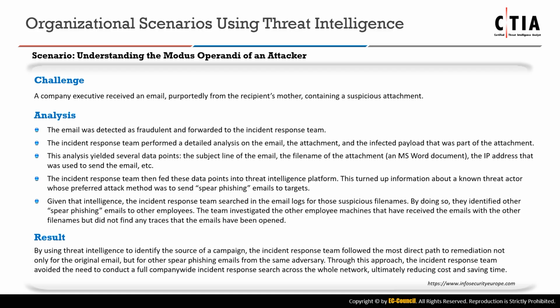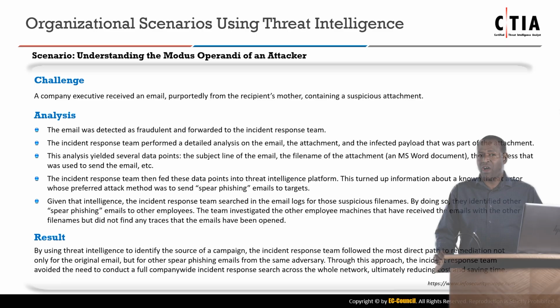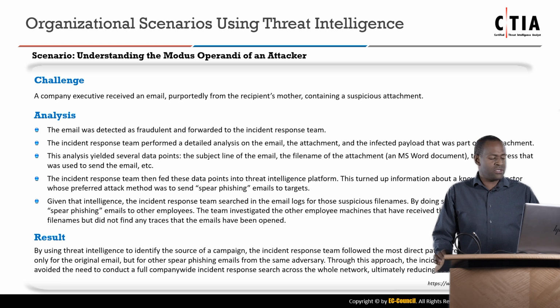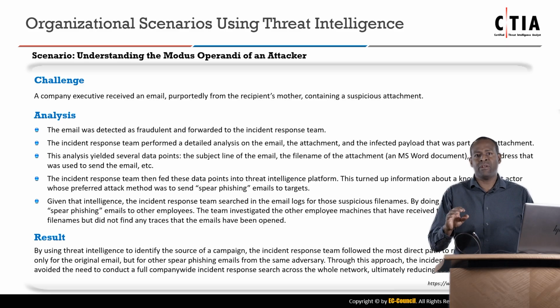And because they used this approach, they avoided the need to conduct a full company-wide incident response search across the whole network, ultimately reducing cost and saving time. And as a follow-through to this analysis, the incident response team might recommend to the rest of the IT team that emails of this type that follow this pattern need to be quarantined and or blocked.